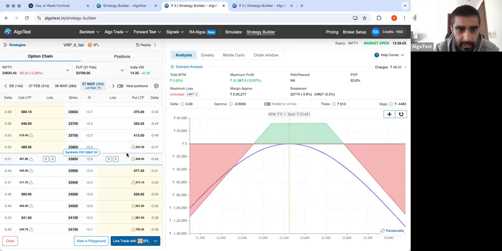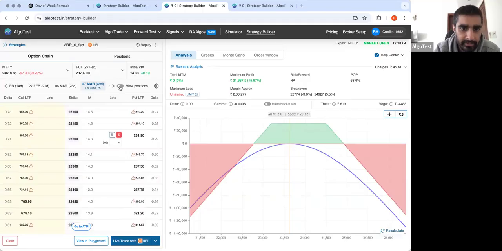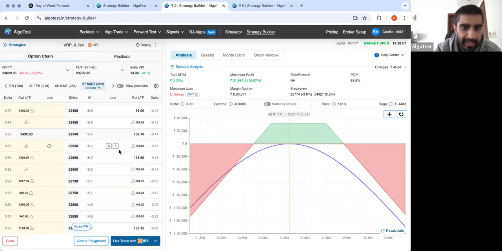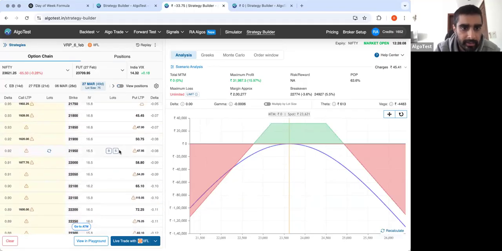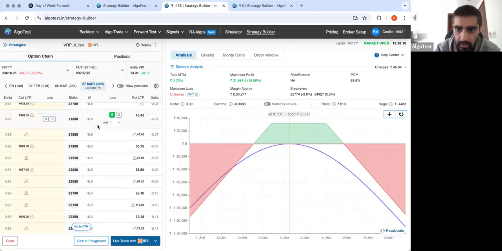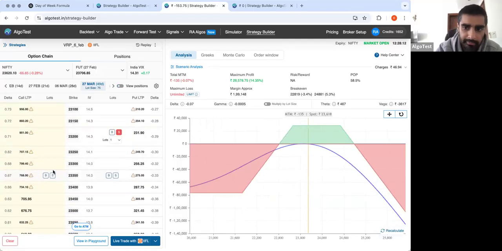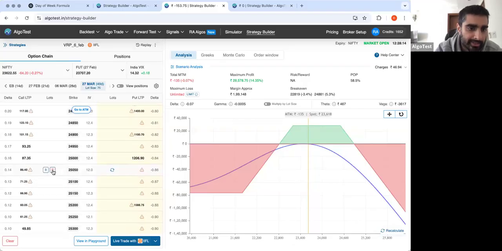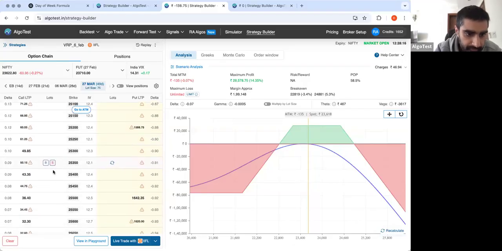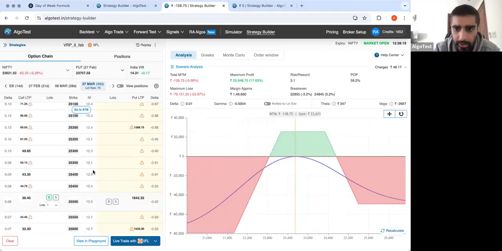Sell. And along with this, you can buy a teeny option over here just to limit your max loss. Your best case scenario here is that this is going to expire worthless. You want this to expire worthless, but you are paying up for this, right?